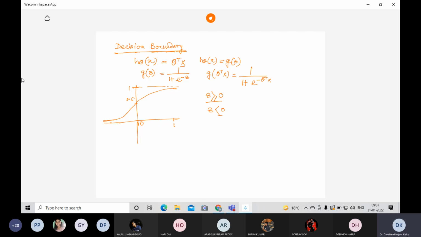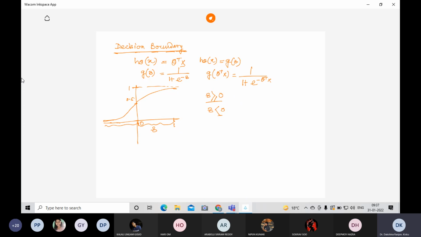So this is the z for positive values, and this is the z for negative values. Negative means less than 0. What are the other criteria that we established when defining the hypothesis representation?